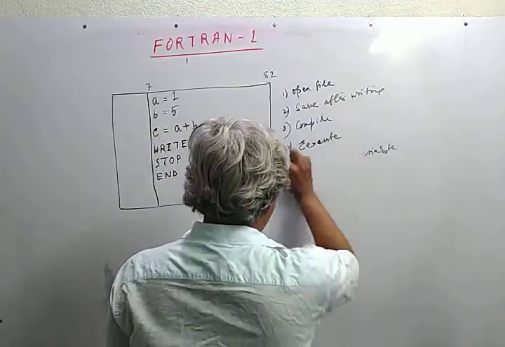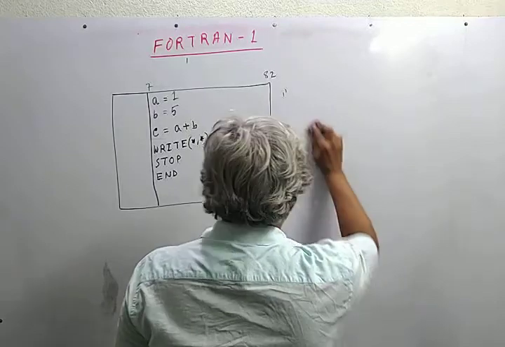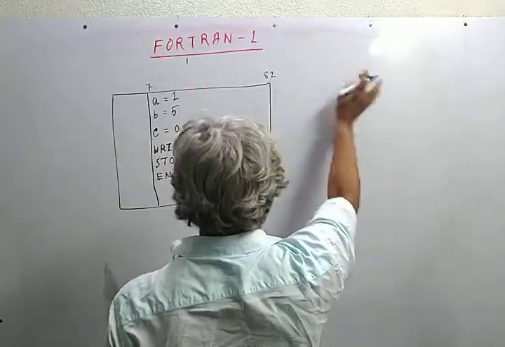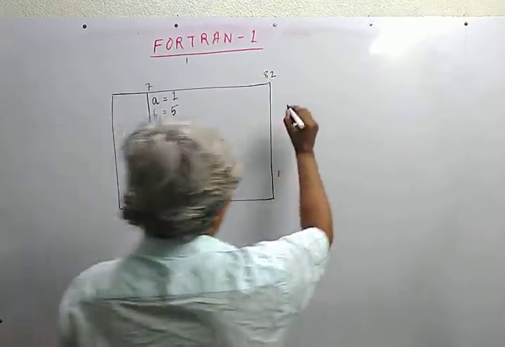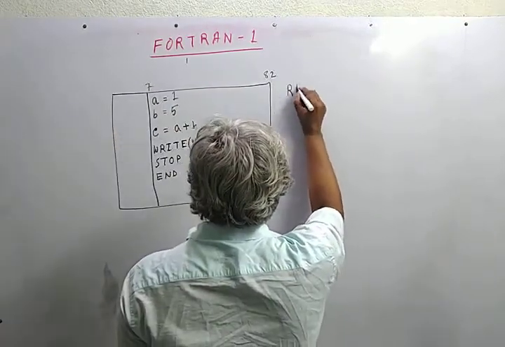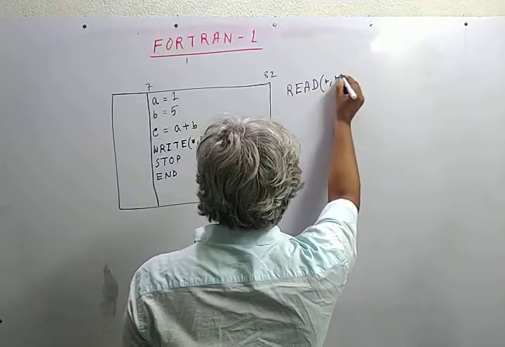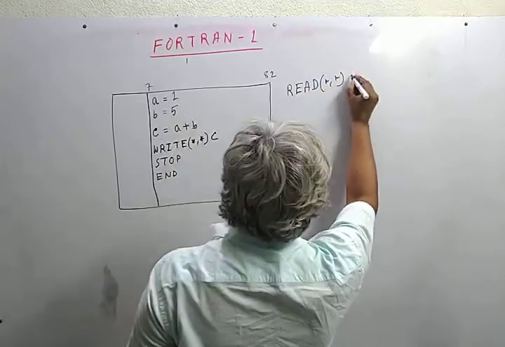The alternative way is that we ask the computer, writing from the 7th column onwards, read *,* A, B, whose use will be explained later.